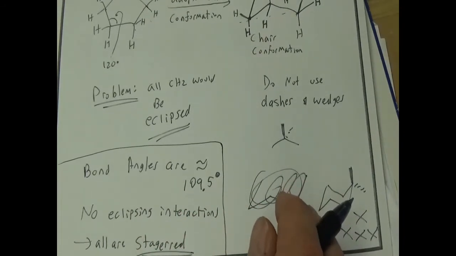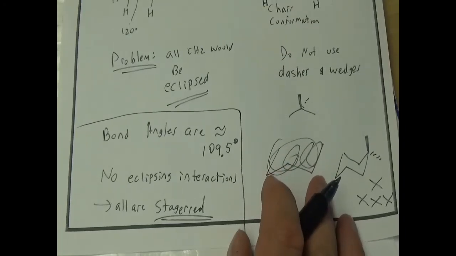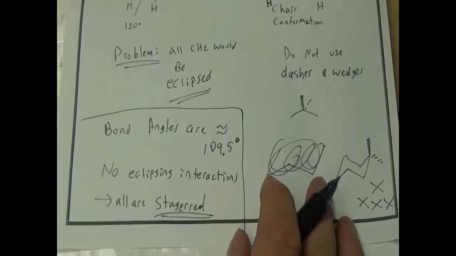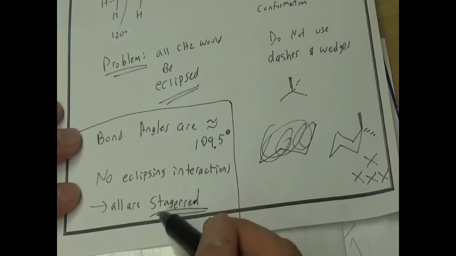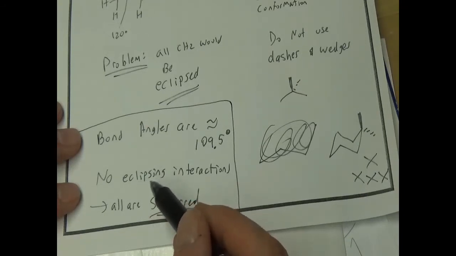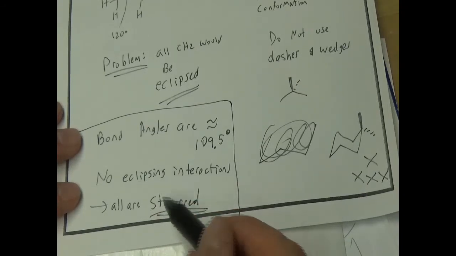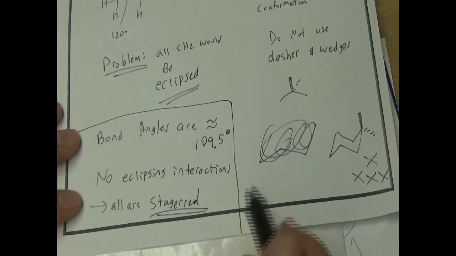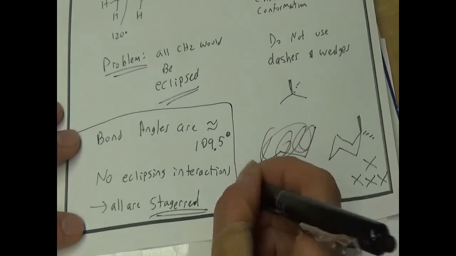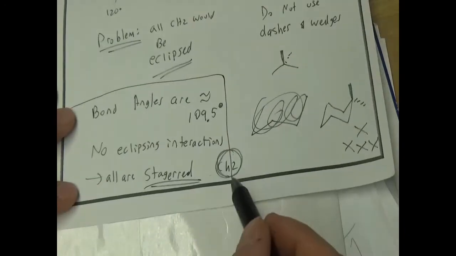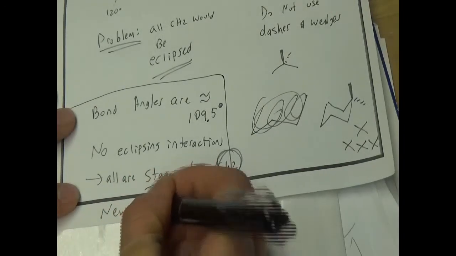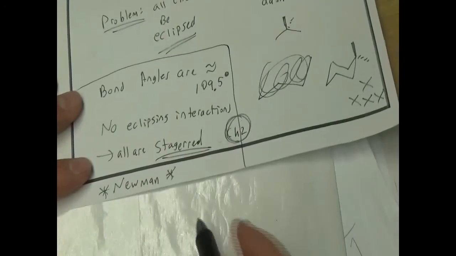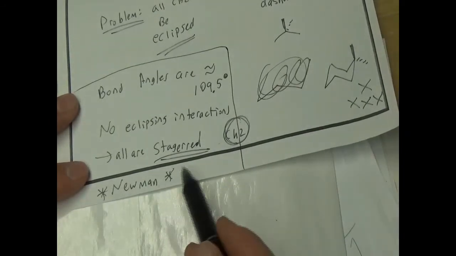All are staggered. And we can see this with the Newman projection. So let's draw a quick Newman projection of cyclohexane. Remember, the Newman projection was how we visualized eclipsing and staggered interactions, like for ethane, propane, butane, and so on. Remember those in Chapter 2. It was the end of Chapter 2, and it easily shows eclipsing and staggered conformations.